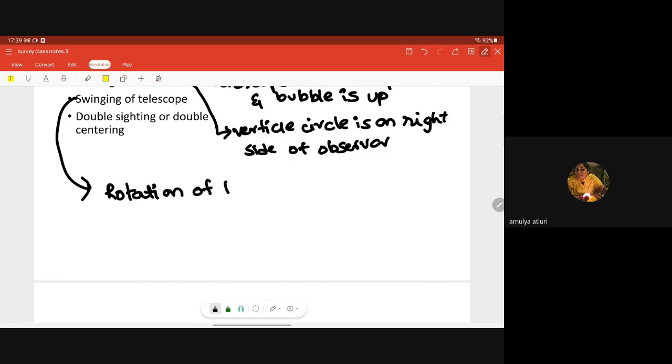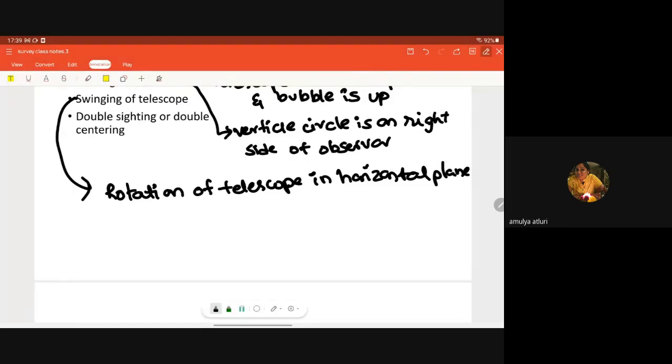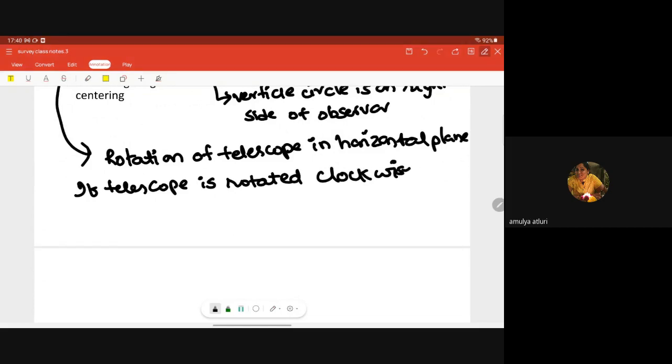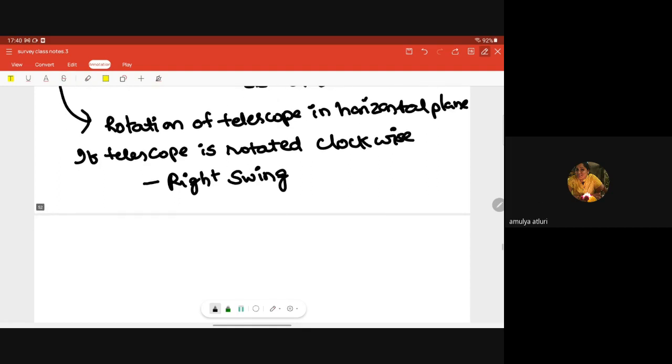If the telescope is rotated in the clockwise direction, then it is called right swing.